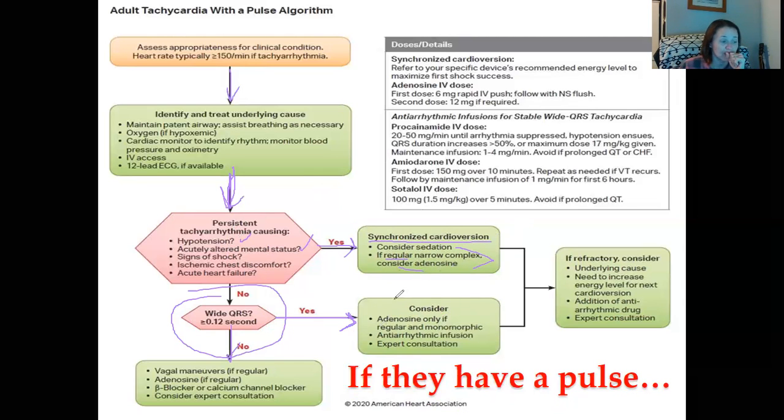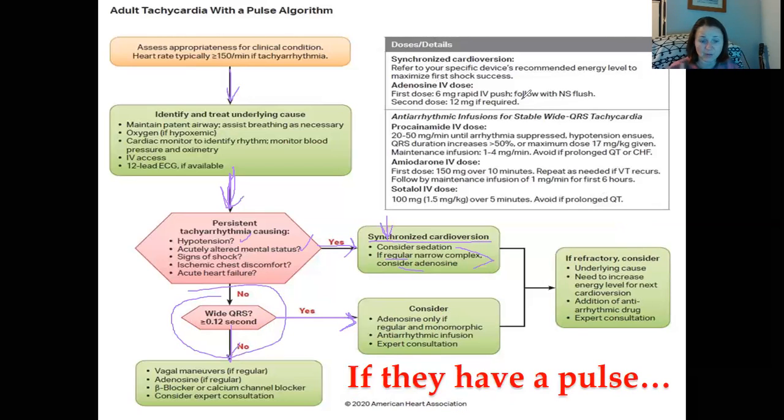If it's wide complex, we're probably going to skip on down to the synchronized cardioversion. So remember, synchronized cardioversion, meaning that you're hitting it at the right part. They're going to be getting that electrical charge at the right time during that QRS complex so that it doesn't cause an arrhythmia.